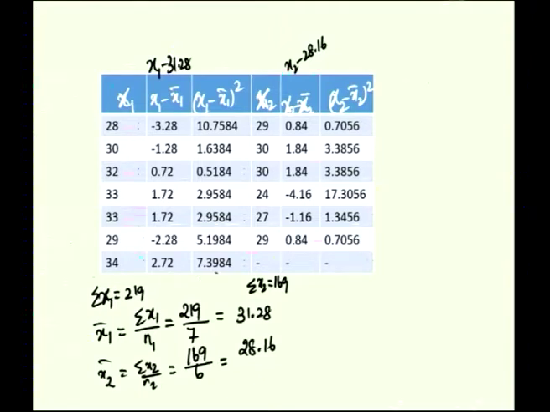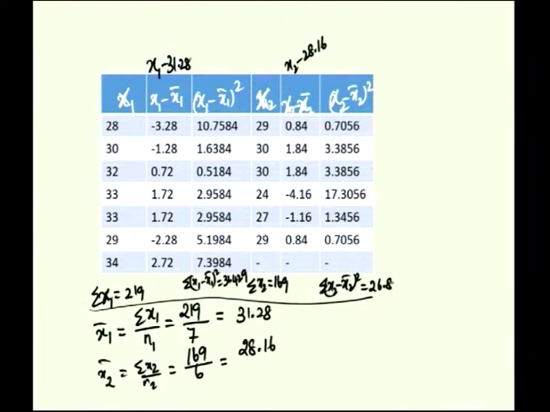And the summation here, summation x1 minus x1 bar whole square, is equal to 31.4288, and similarly summation x2 minus x2 bar whole square is equal to 26.8336. Okay.